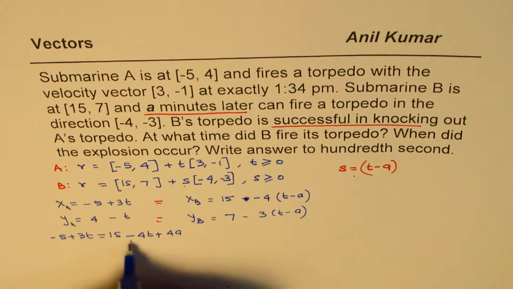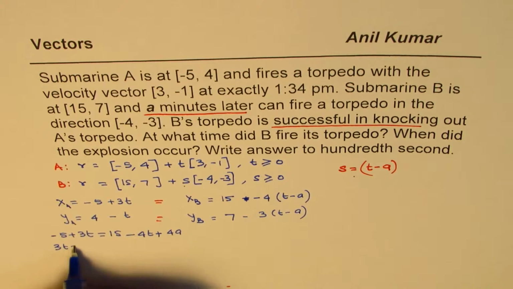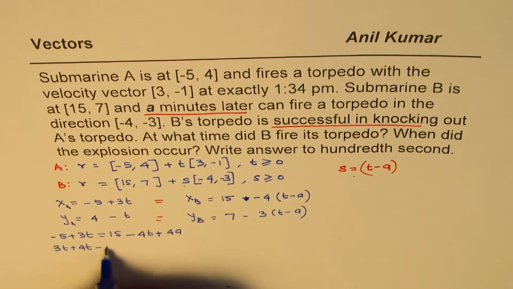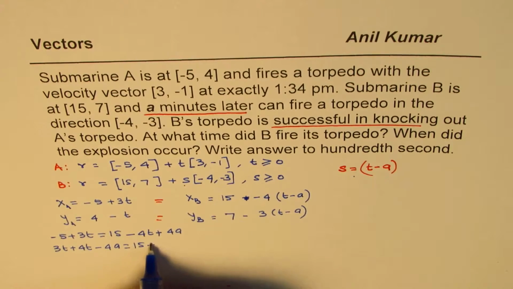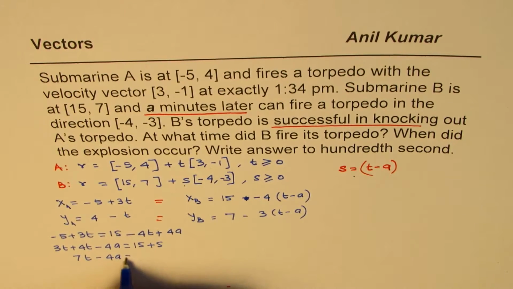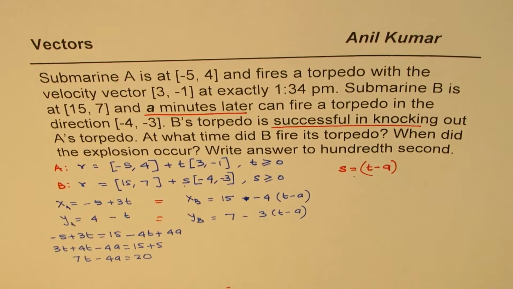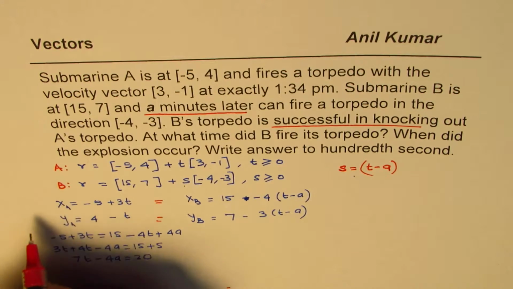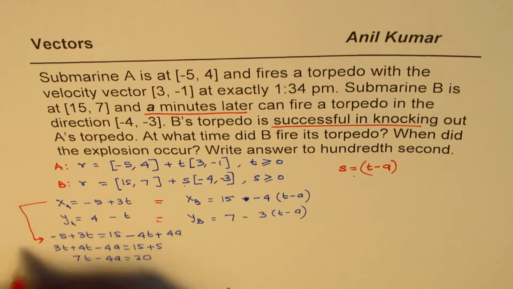So we get 3t plus 4t minus 4a equals the constants on the other side, 15 plus 5, or we can say 7t minus 4a equals 20. So we get one equation by comparing the x coordinates.